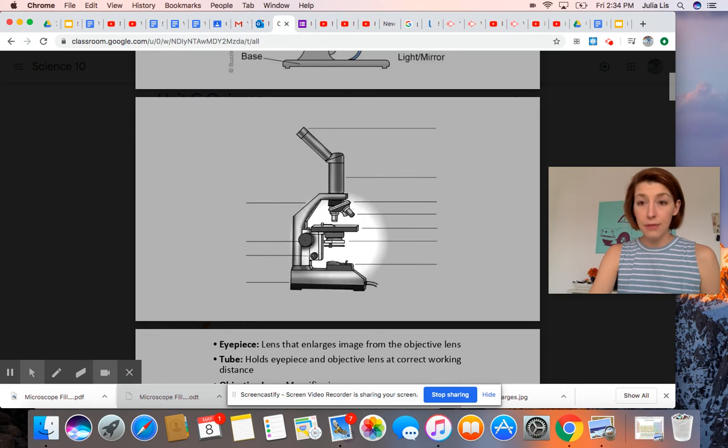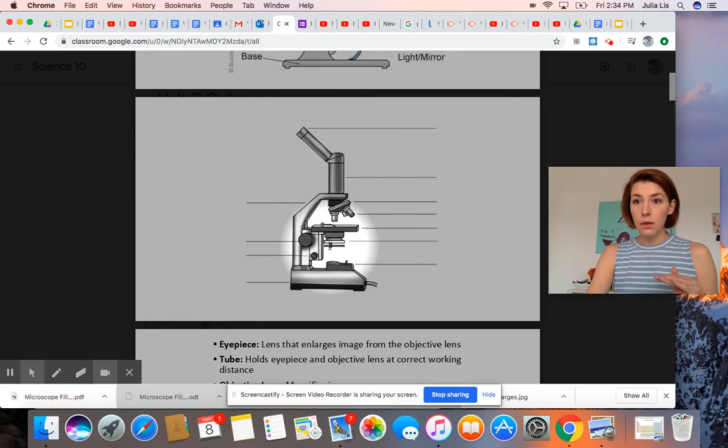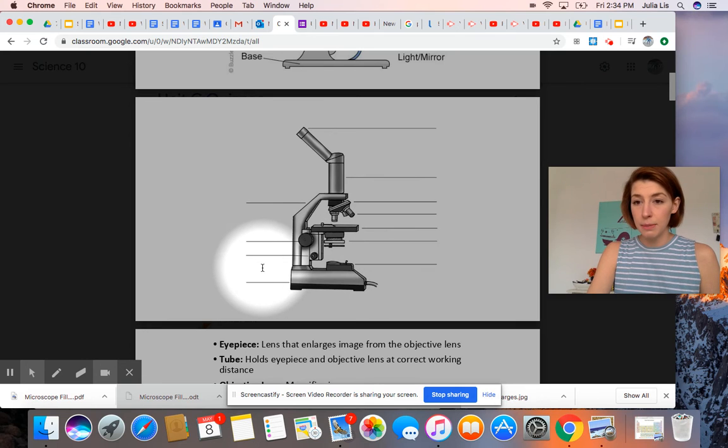This is the diaphragm that will change the brightness of how much light is coming in from the light source down here. We have our base at the very bottom, and then if we come all the way back up, this would be your fine adjustment knob, smaller one, then your coarse adjustment knob, and then this is your arm.